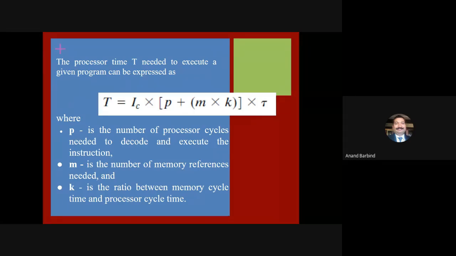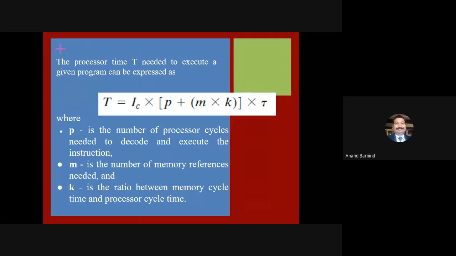That is, T is equal to IC, IC being the total number of instructions, into P, that is, P is the number of processor cycles needed to decode and execute the instruction, and M is the number of memory references needed. P refers to the internal operation of the CPU, whereas M refers to the external operation. Memory operation is said to be the external operation.